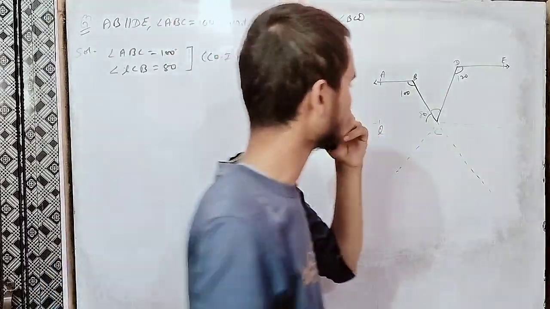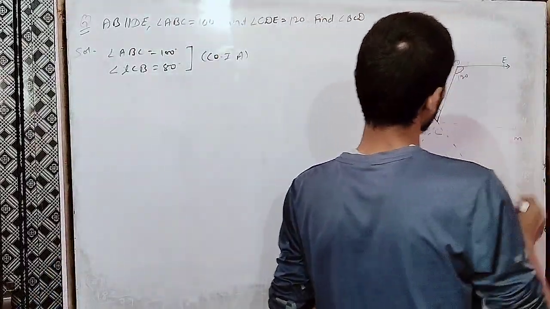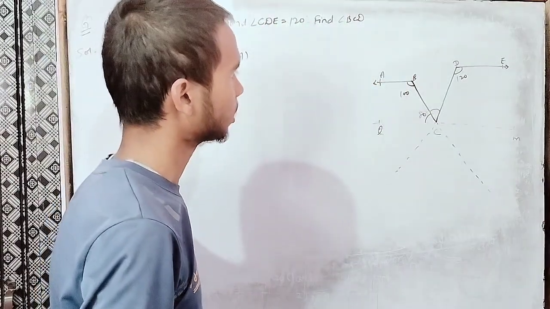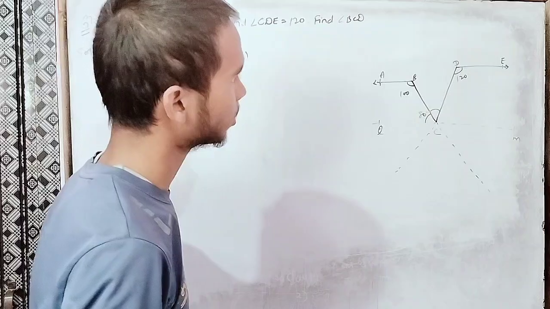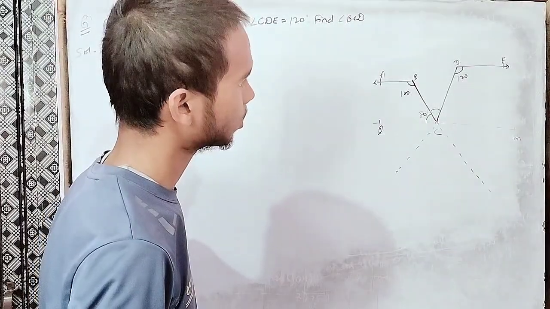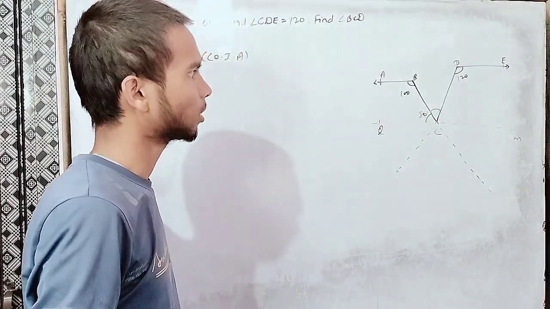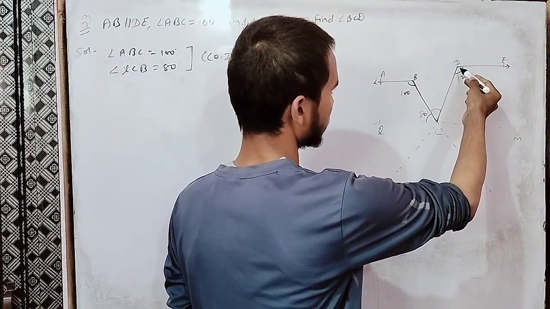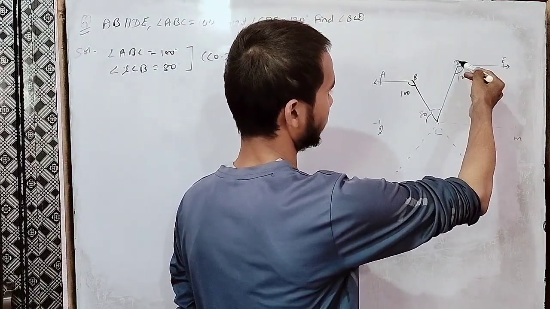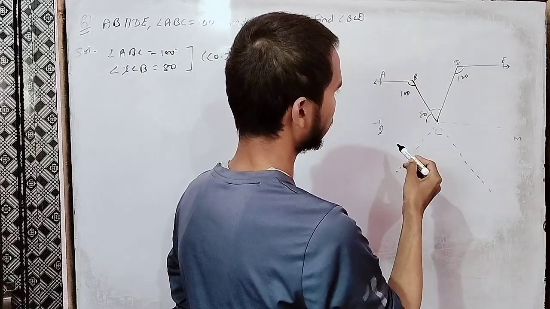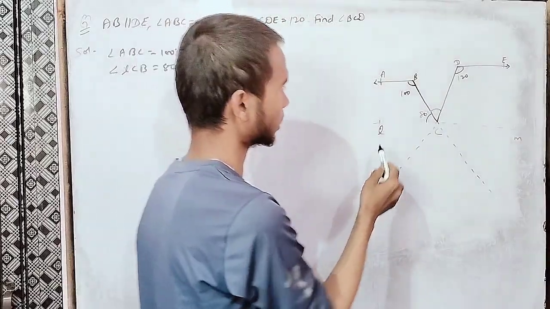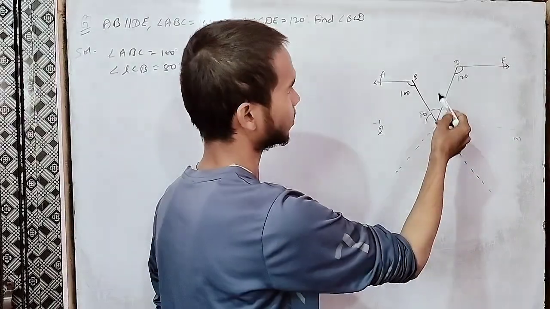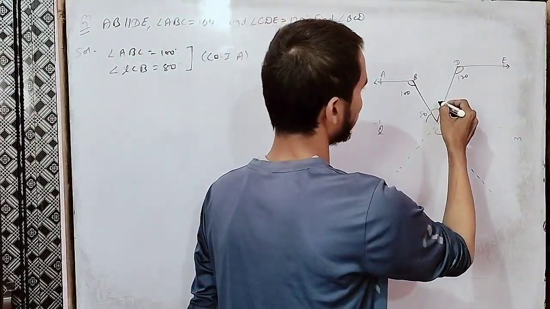DC, and here you can say M. DCM would be how much? Here we can see EDC is 120. So we can easily say LCD would be the sum of this angle and this, which is 120.